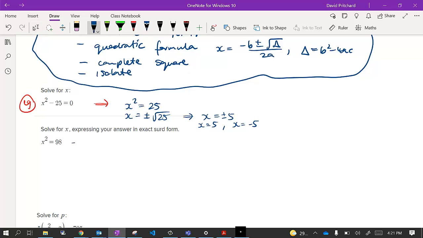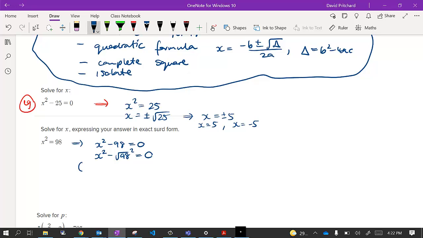Now the second one I'll look at in a slightly different way. So let's say that we can write this one as x squared take 98 is equal to 0, so we can add that across. So the other approach would be that if I look at this as a difference of perfect squares, like x squared take square root of 98 squared, then we can factorize it.